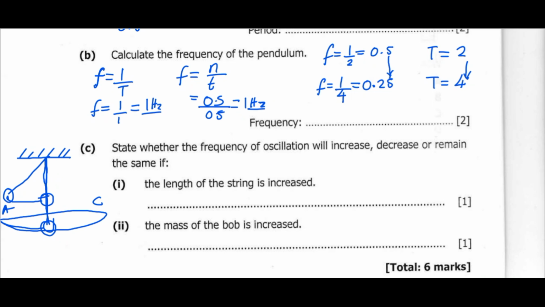So this one will give us a greater value in terms of period. I know that whenever the period increases, the frequency will decrease. So the increase in the length of the string will increase period, and the frequency will decrease.